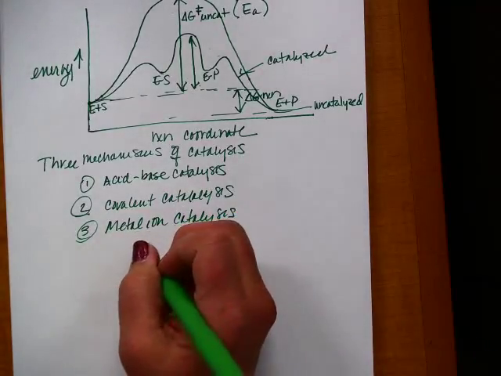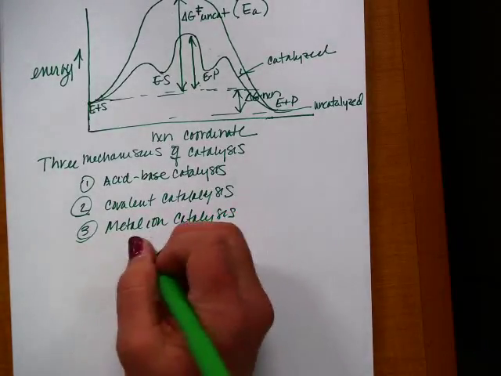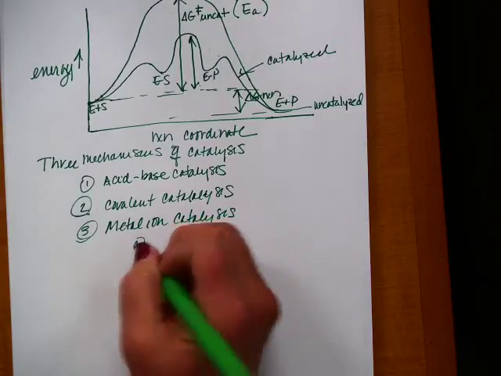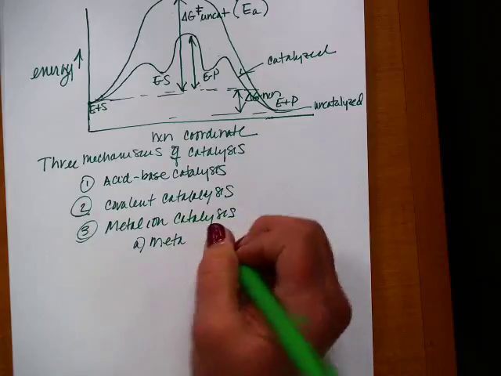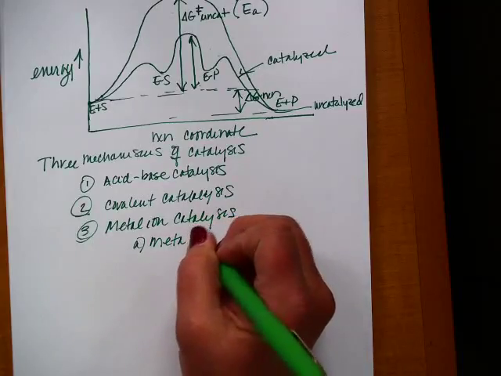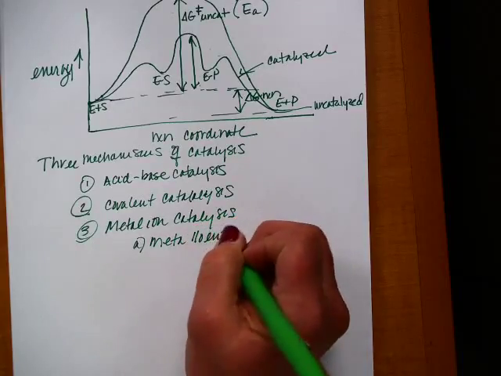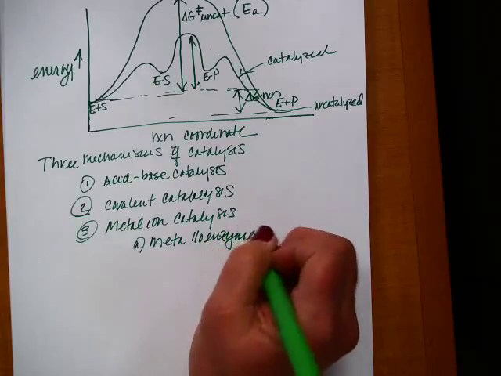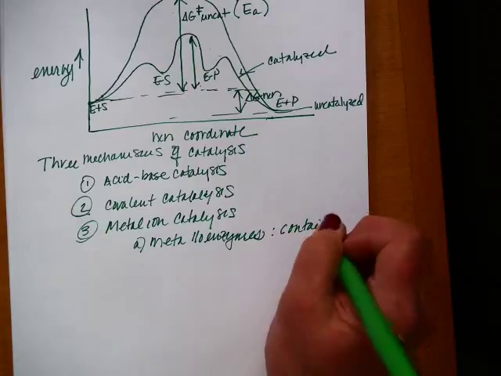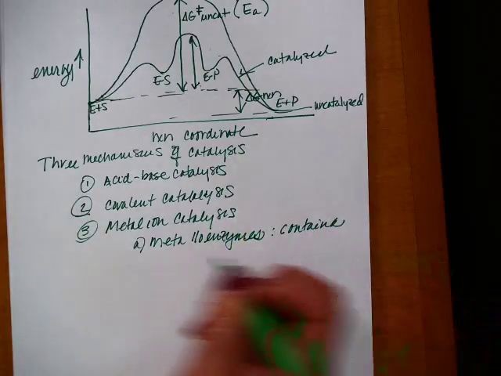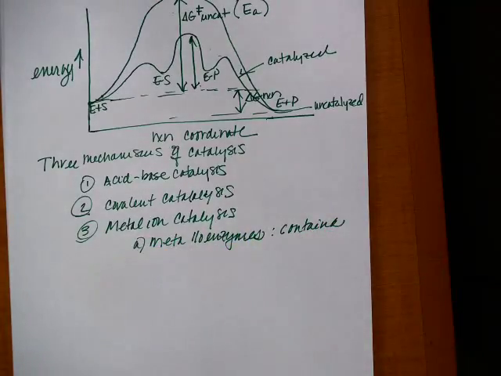There are two ways we can classify these enzymes. There's a group called the metalloenzymes, and these contain a tightly bound metal ion.